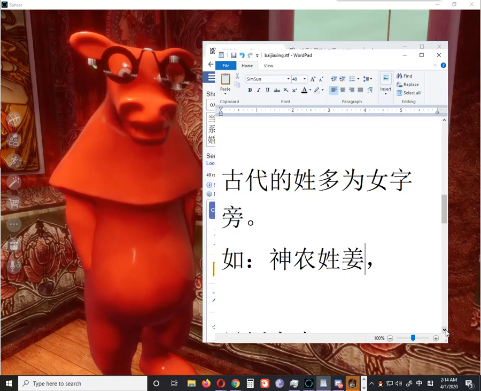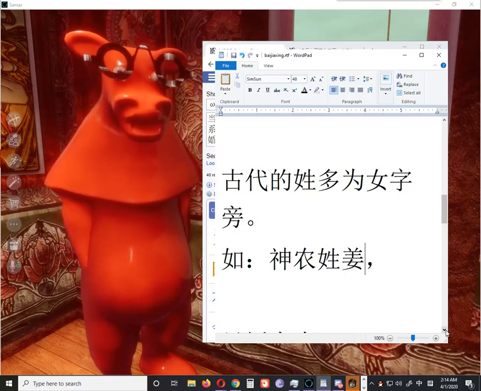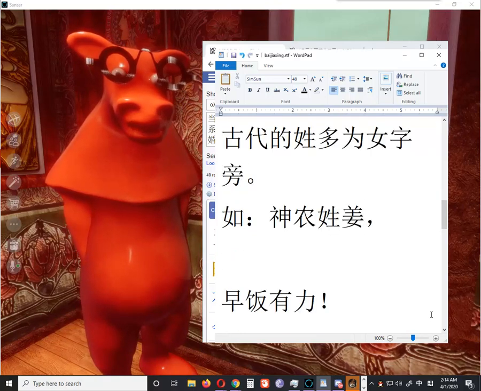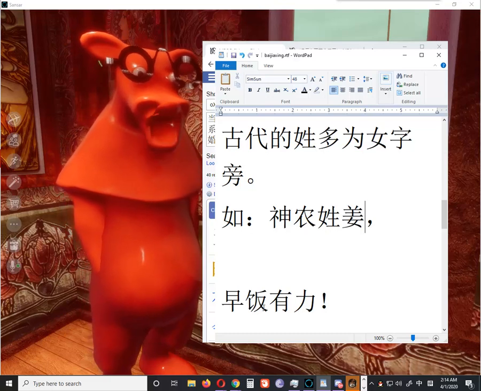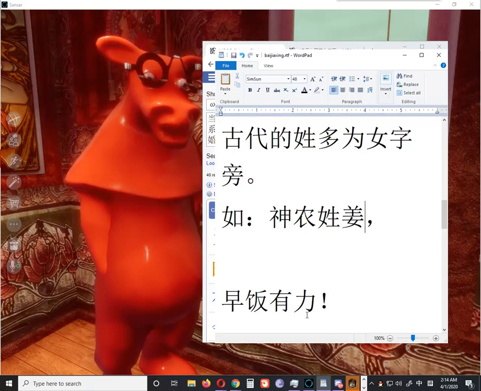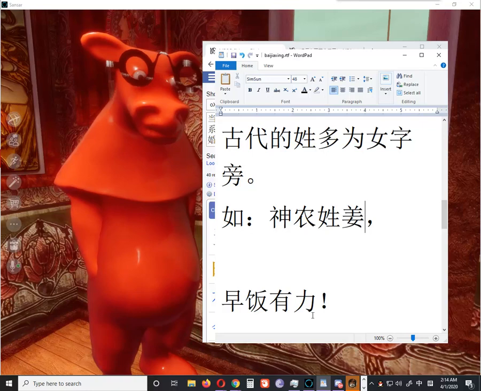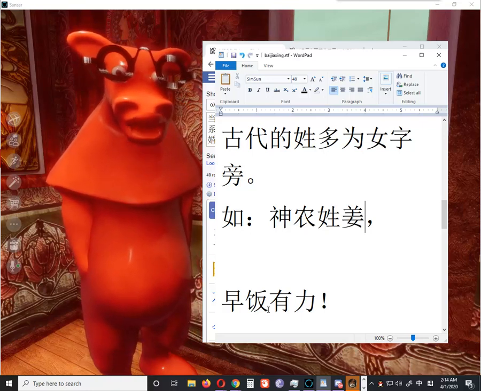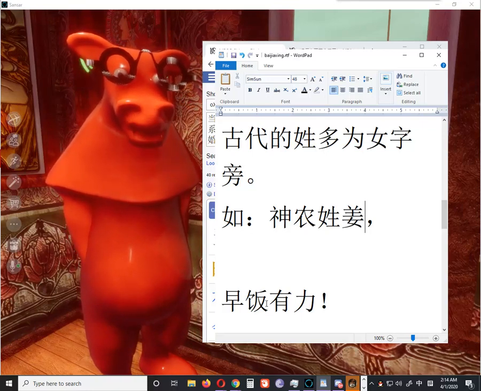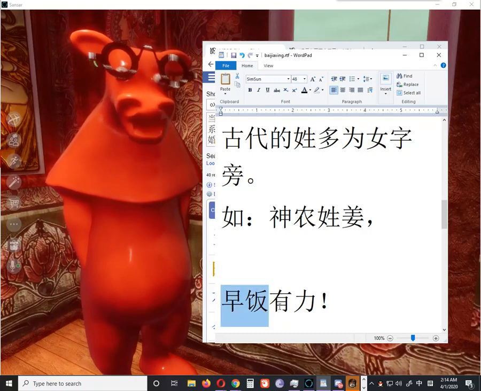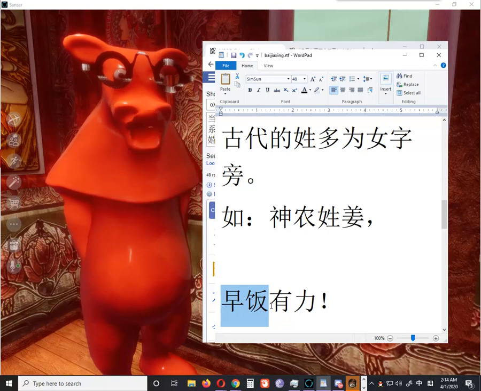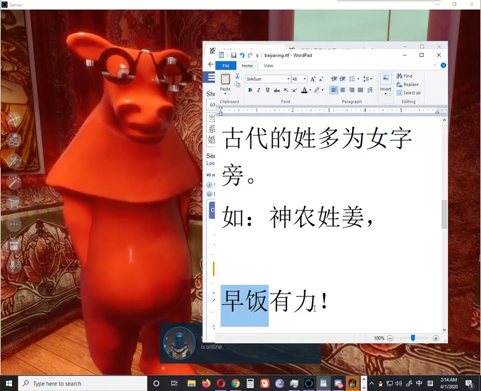So I get ready to listen to his lecture, and he comes out and he says, 早饭有力. Okay. 早饭有力. I'm a foreigner, but when I hear 早饭, I think breakfast, that's what this says. 早饭有力.